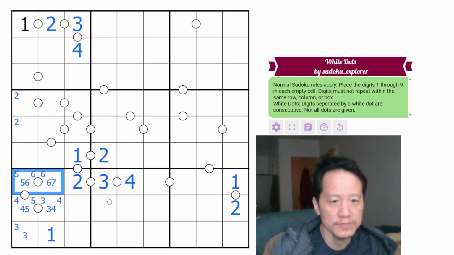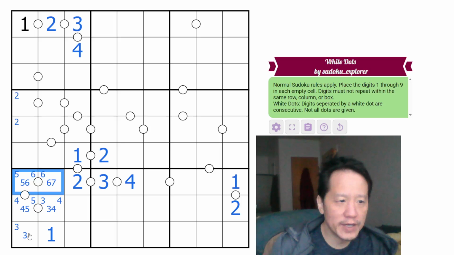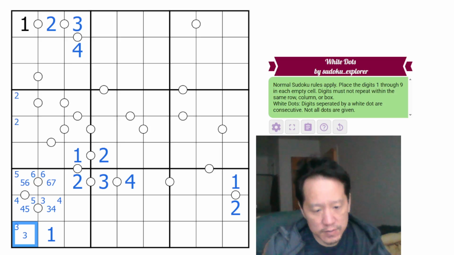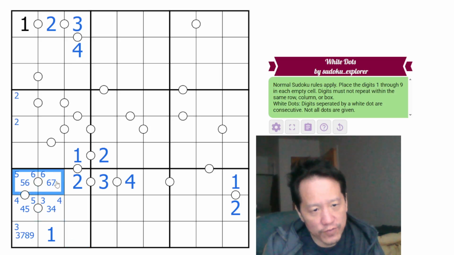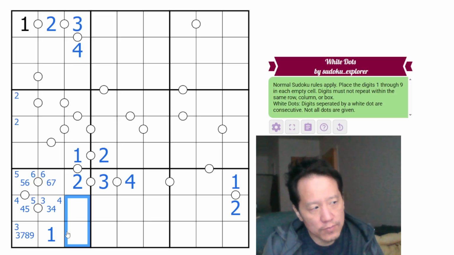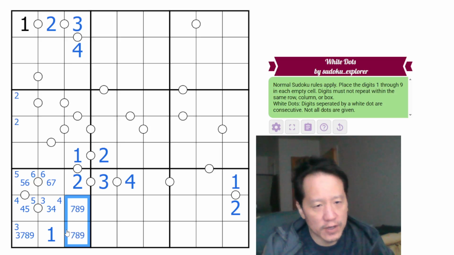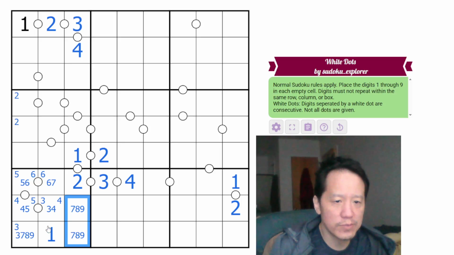The remaining cells can be 7, 8, or 9. This could be 7, 8, or 9. And this could be... There's no 4, there's no 5, and there's no 6. So this can't be 3. This could be 7, 8, or 9 also. And we don't know what else is here.